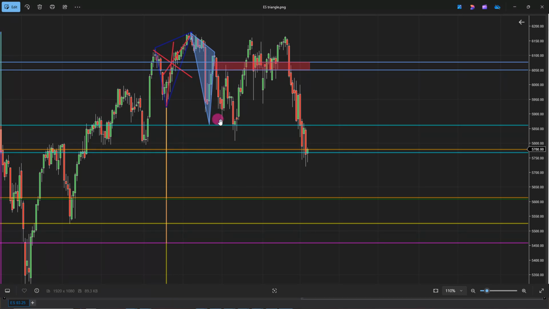So now you can see how my triangle tools are projecting these price levels down, and now you can see how these levels worked. This area became strong support, and this is the area of strong support where we're currently at, looking to get a bounce here.